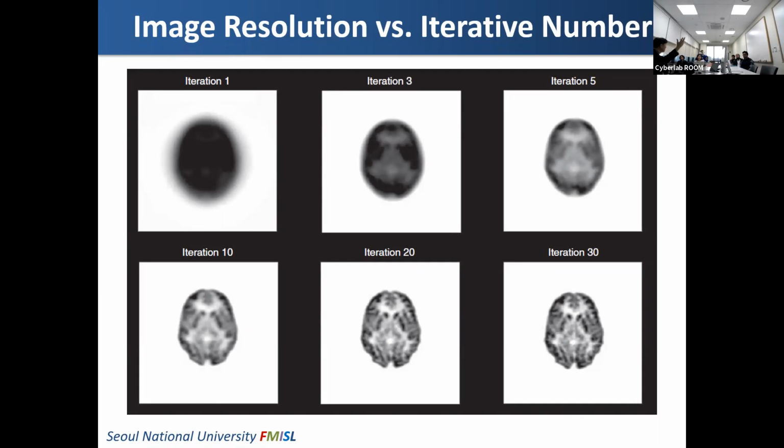For example, in this department, once we buy a new machine, we compare different combinations of numbers of iterations and filters.